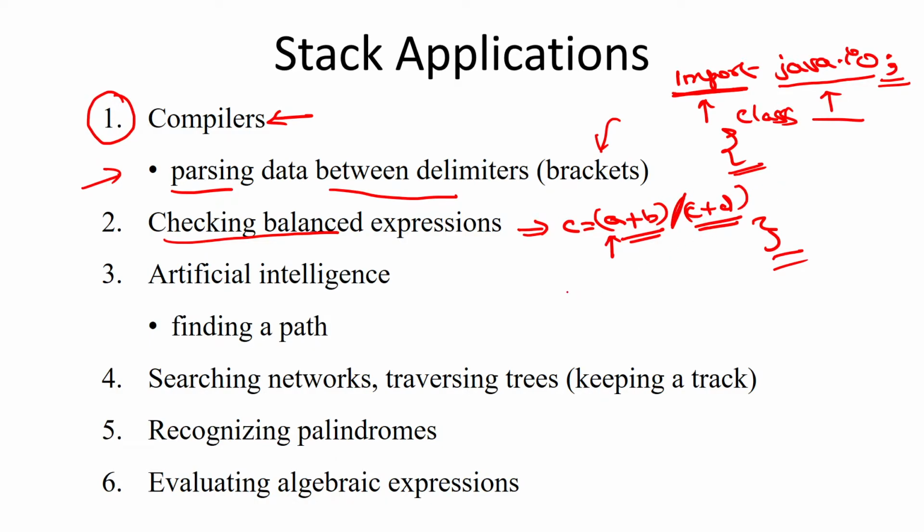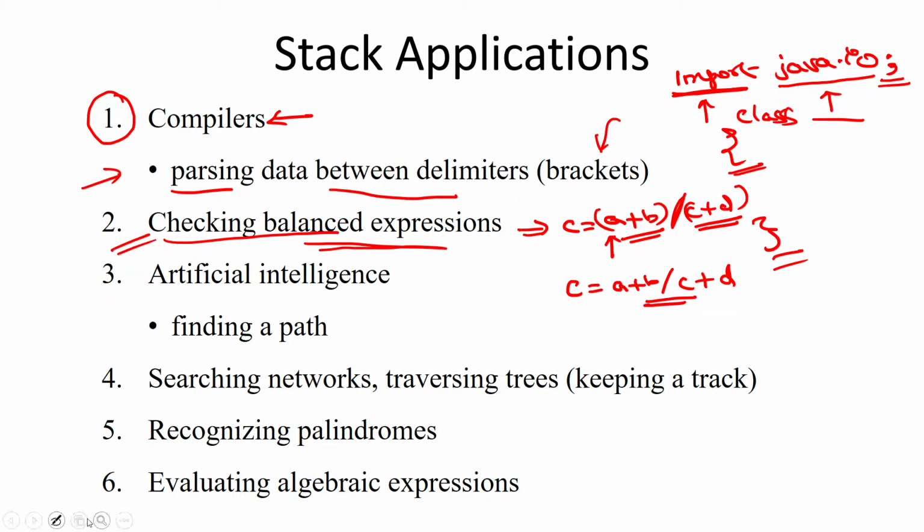Suppose the same expression is written like this, a plus b divided by c plus d. If you are not using the parentheses, automatically the precedence will be changed. So the expression should be correctly balanced by using the parentheses, and that should be checked by the compiler. There we are using the stack.